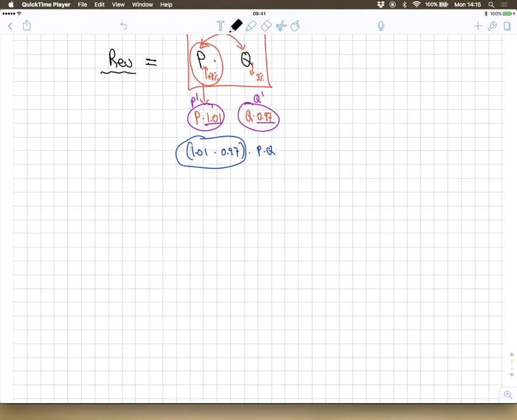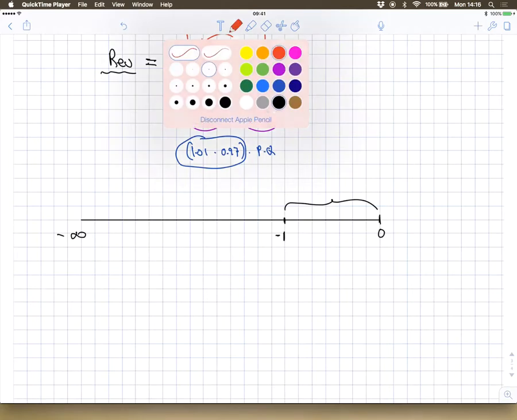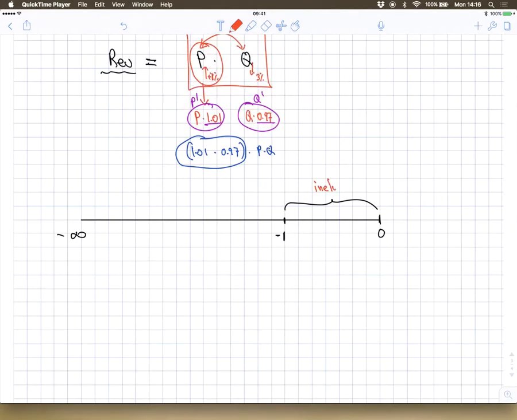So I can talk about elasticity starting from 0 and going all the way to minus infinity. So I can talk about 1 here, and all this area here is going to be minus 1. All this area here is going to be inelastic. Dorothea, do you want to explain that? What is the meaning of that inelastic over there?